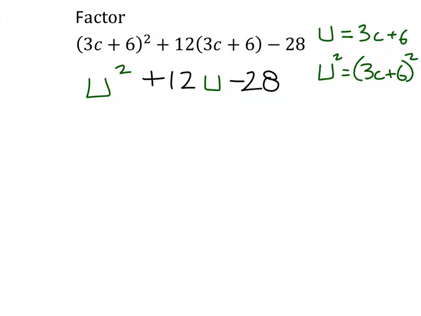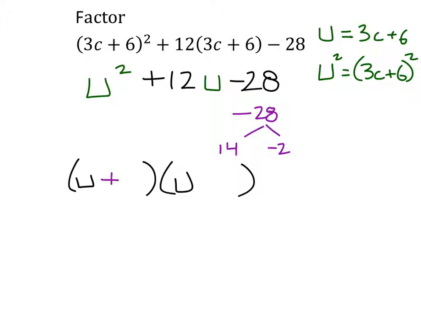Okay, well, I got that negative 28, and this one I won't do factoring by grouping, even though we do have time. We'll use the rule on this one. I need two factors of negative 28 that add up to negative 12. I'm sorry, positive 12. So 14 and negative 2. So this ends up breaking up into u and u, and I had positive 14 and negative 2.